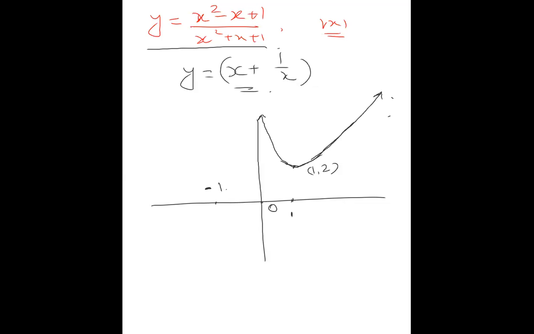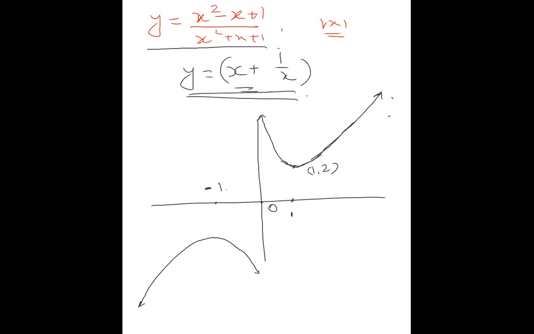So the same graph will be there on the other side. So this is the graph of y is equal to x plus 1 by x in both the ways, right? I guess everyone is okay with this?